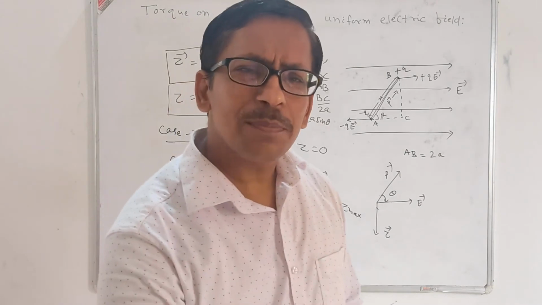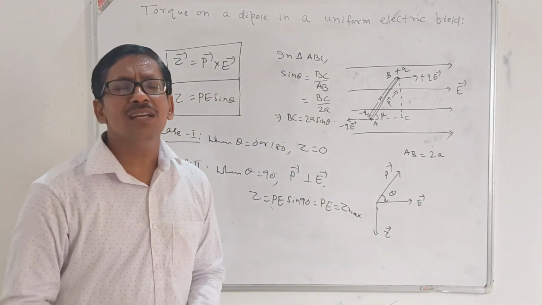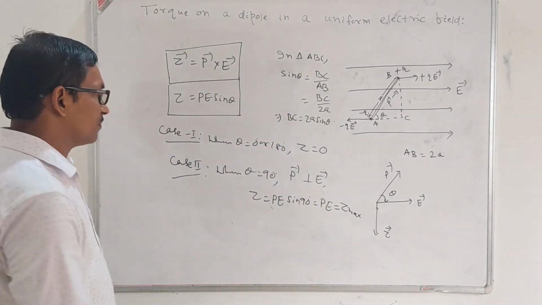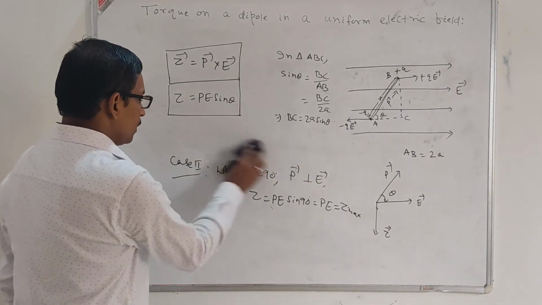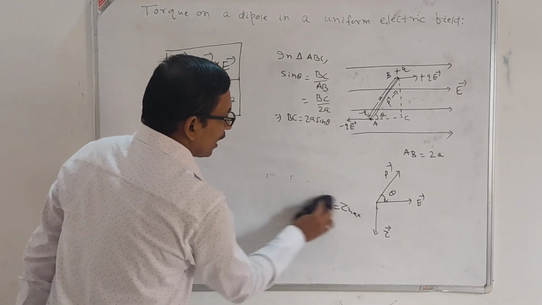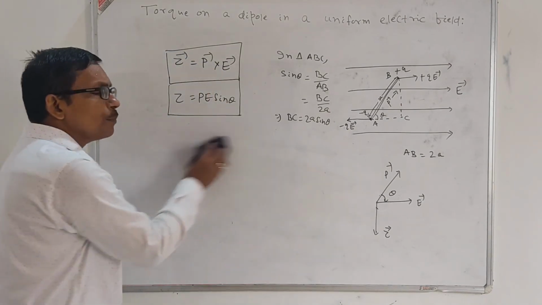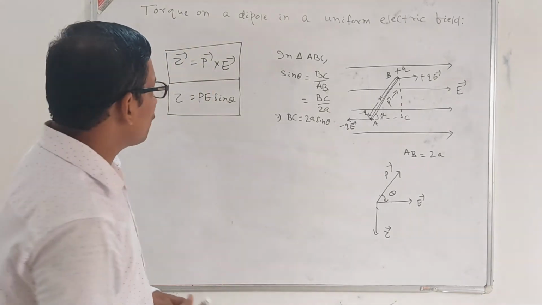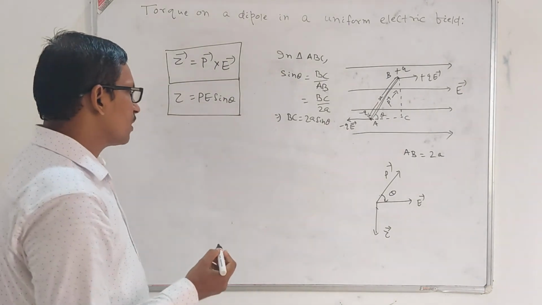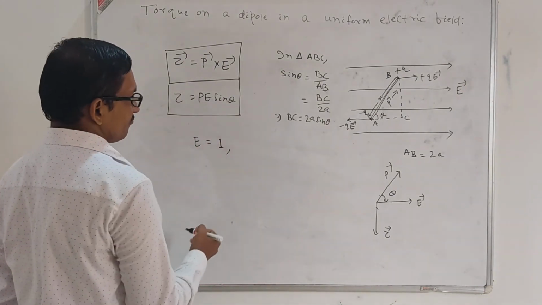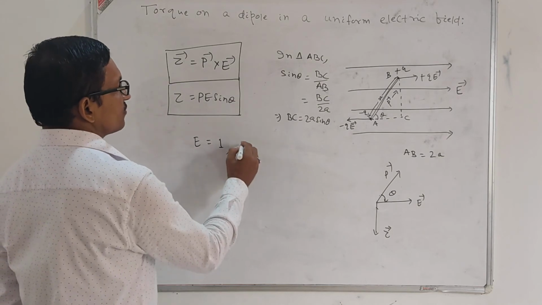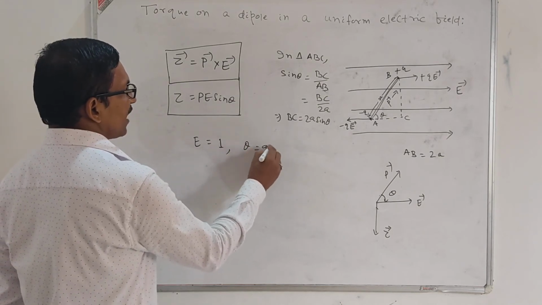Now we can define dipole moment in terms of torque. Now tau is equal to PE sin theta. Suppose I say E is equal to 1, theta equal to 90 degree.